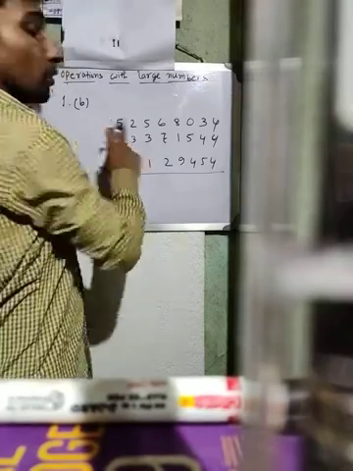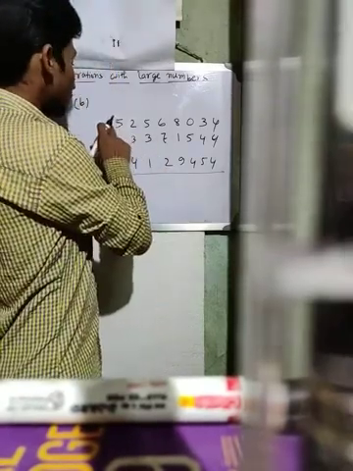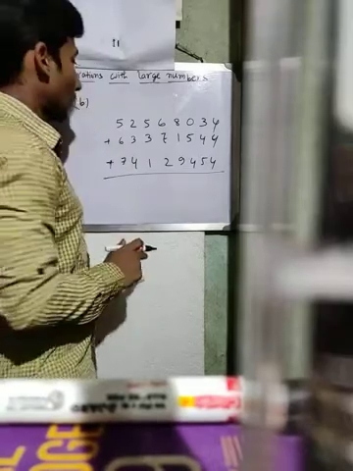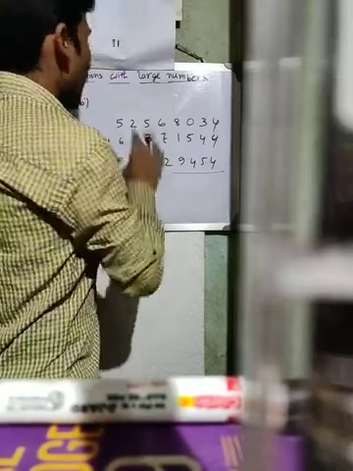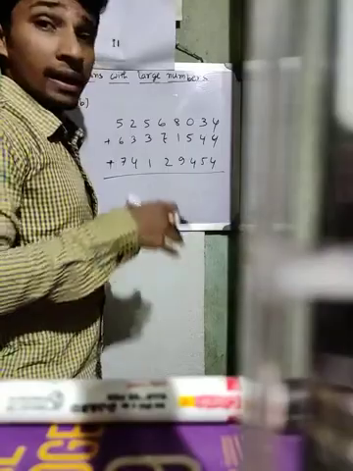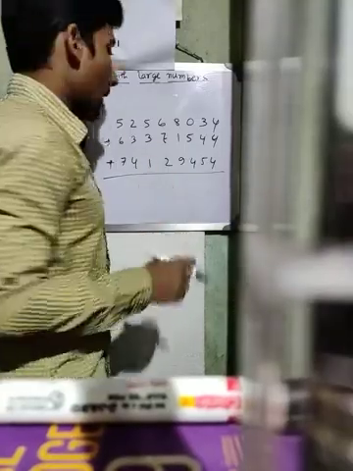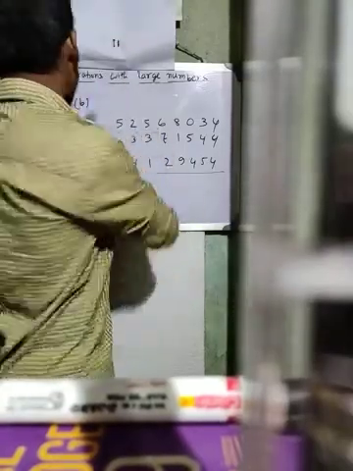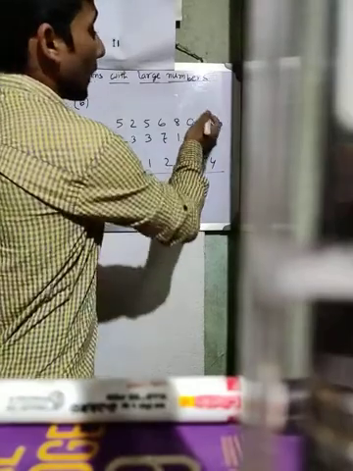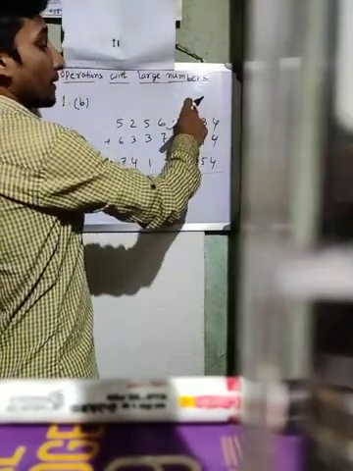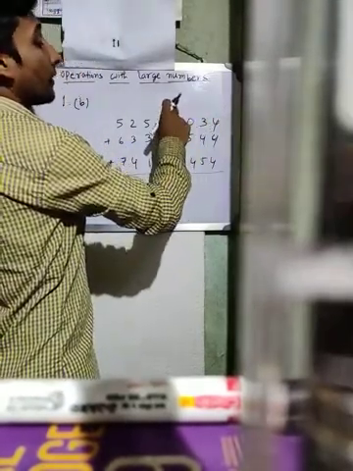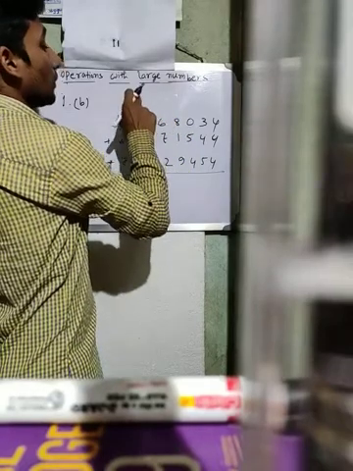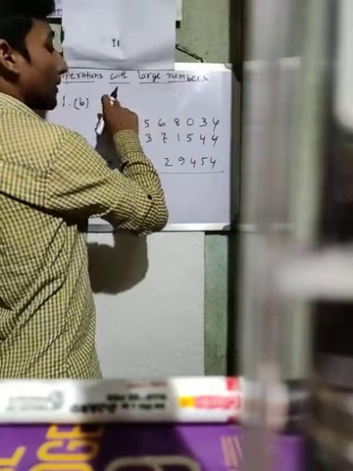You have already seen that these are large numbers. I am not saying whether it is the Indian system or the international system; I am just doing the sum or addition. You know this is ones place, tens place, hundreds, thousands, ten thousands, lakhs, ten lakhs, crores.